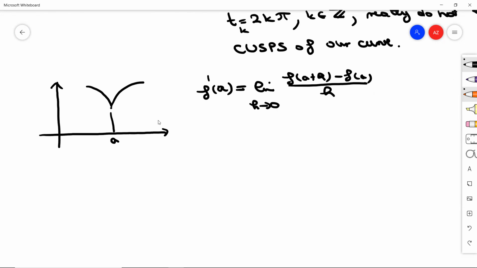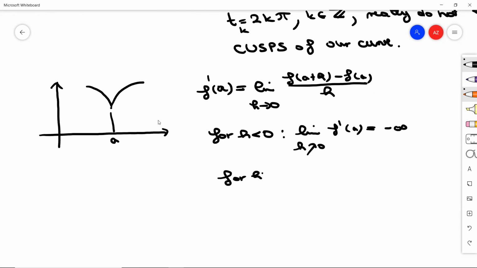And you see when we go for h smaller than 0, the left limit is minus infinity, while for h bigger than 0, the right limit is infinity. So you see the velocity cannot change from minus infinity to infinity for any parameterization.